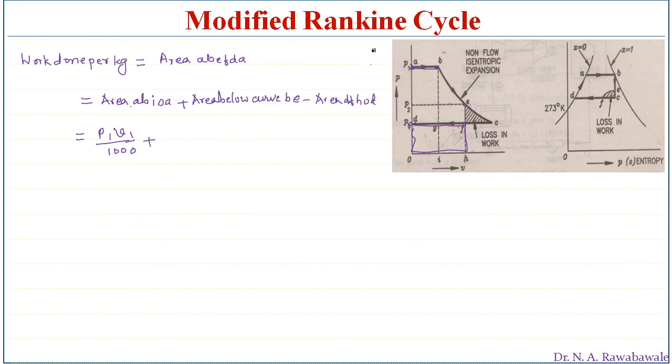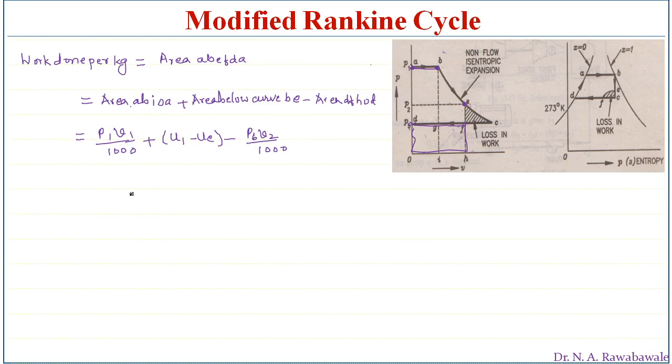Internal energy at B is U1 and at E is UE. So this can be written as U1 minus UE minus the area DFHOD, which is pressure PB into volume V2, PB V2 divided by 1000.